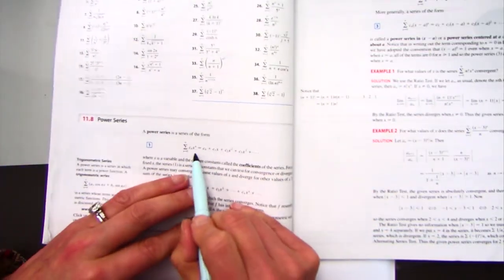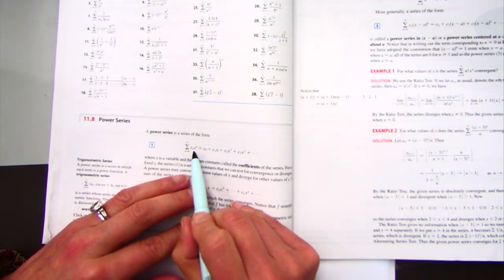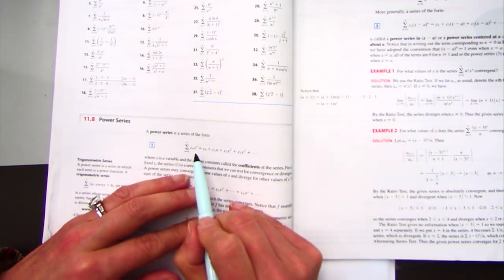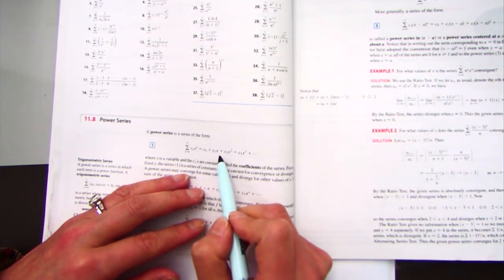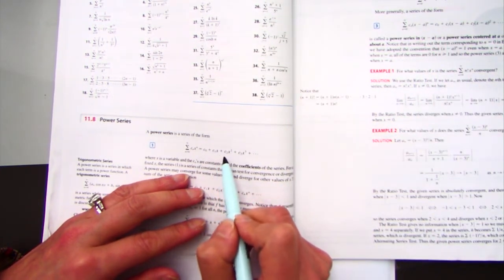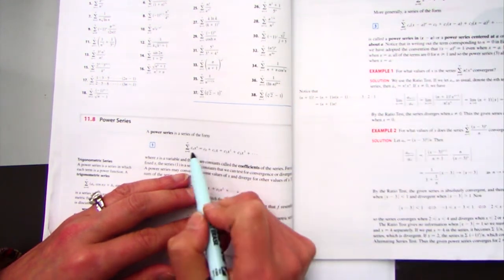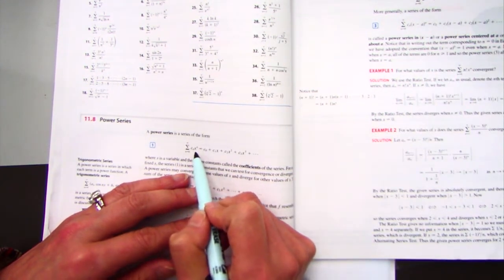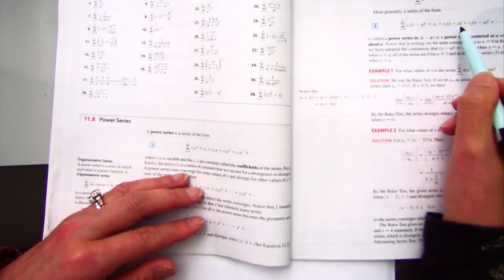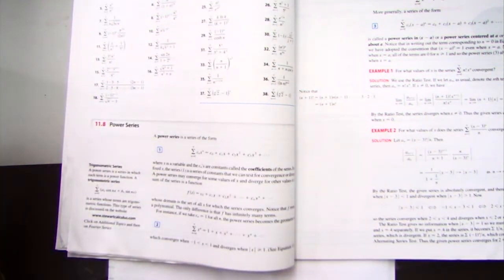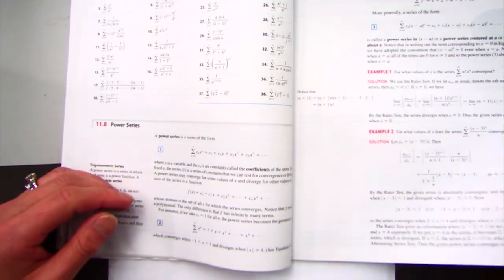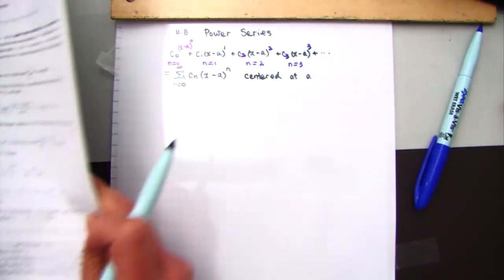This is also a power series. The only difference between the one that we just did and this one is that this is, in my humble opinion, a simpler format, because the center is at 0. Power series centered at a, power series centered at the origin. Good. Very good.